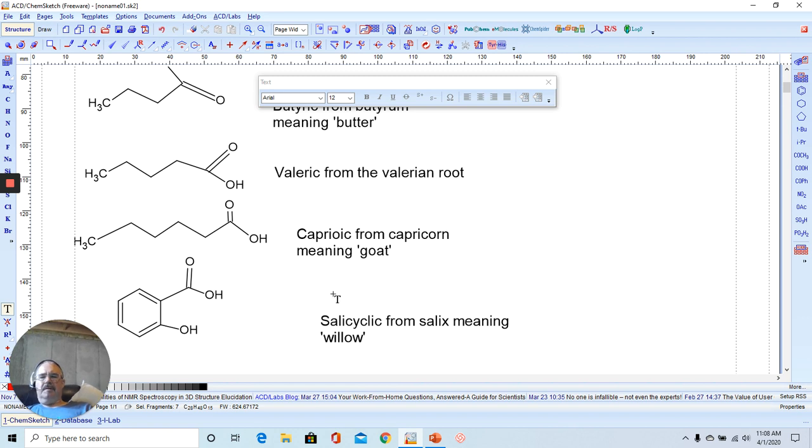Okay, here's another one. This is salicylic acid. Salicylic acid's name comes from salix, which means willow. This was a compound that was isolated from willow bark and leaves, and it is used to make acetylsalicylic acid, which is aspirin.